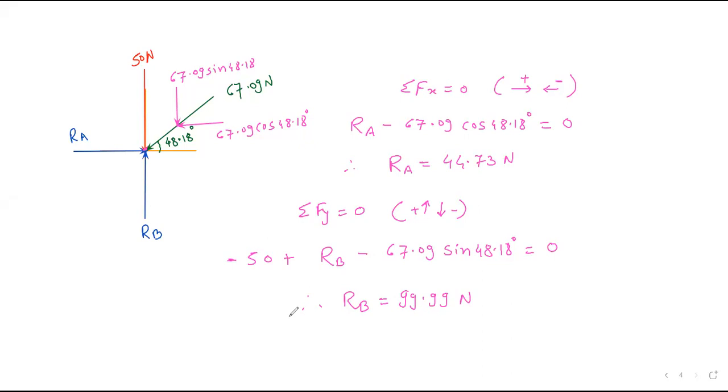Roll number 42. 44. 44 is also absent. 47. 47 is absent. 52. Present. 52 is present. Okay. 59. Present, sir. 59 present. Okay. 59 is also present. Okay. So today we will stop over here.